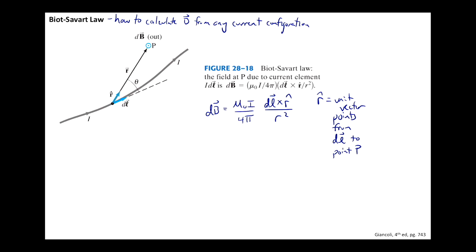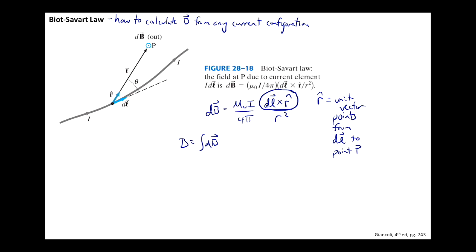Okay? We are going to do an example with this on the next slide just in case you get confused. So the process of this is essentially always going to be the same. If I want to find the total magnetic field, we're going to have to integrate dB, which is going to mean evaluating this cross product to begin with. And then there's going to be a lot of constants that are typically going to come out.